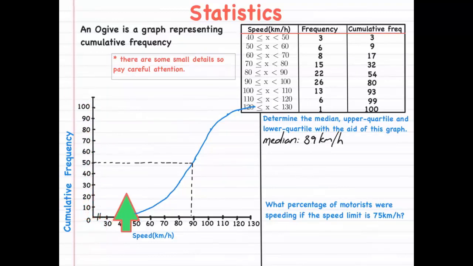We go to the right and then down again, and I'll quickly show you with my black pen. From 25, I'm trying to go as straight as possible, and then we go straight down and end up with a value of 76. So our Q1 is equal to 76 kilometers an hour.